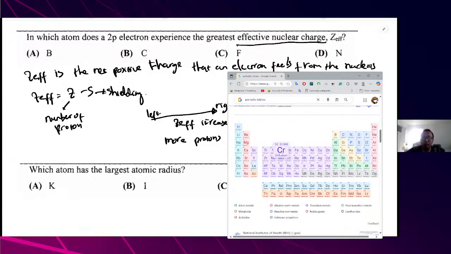From the periodic table, for example, cobalt has more protons than calcium.